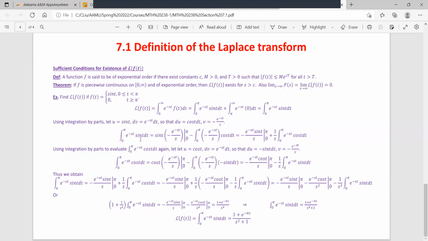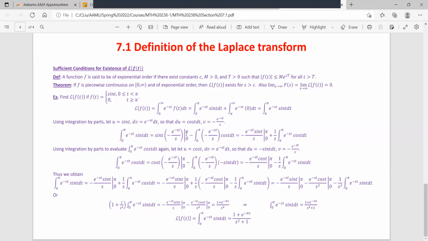Okay, according to integration by parts, it equals uv minus the integral of v du. So u is just sine t, and v is just negative e to the negative st over s, and minus the integral of v du. So negative e to the negative st over s times cosine t dt. Okay, integrating from 0 to pi.